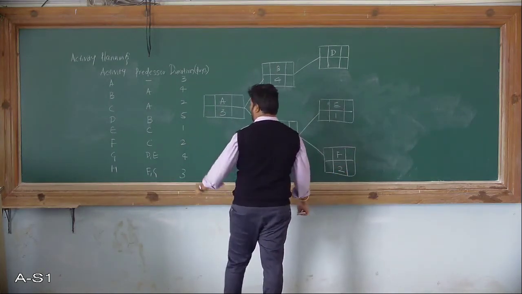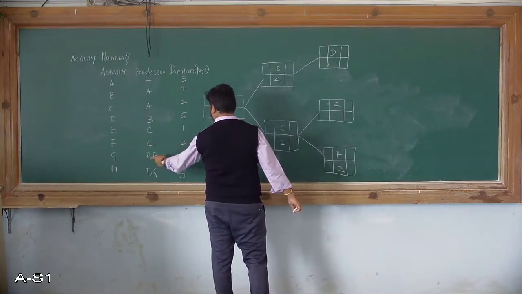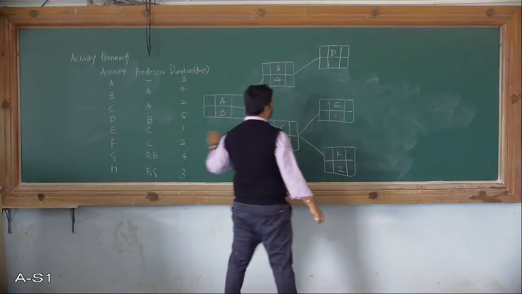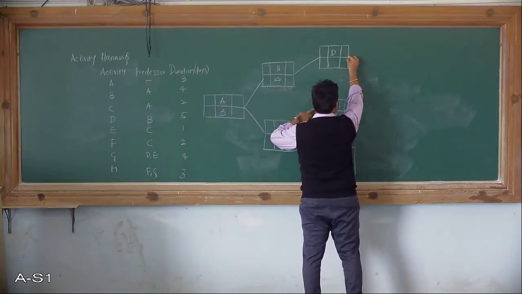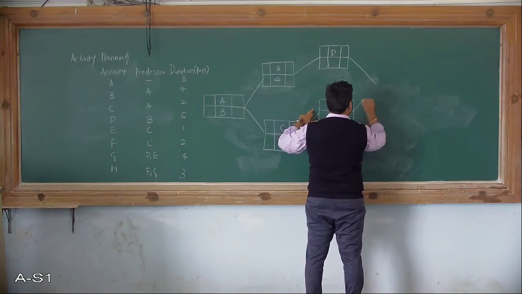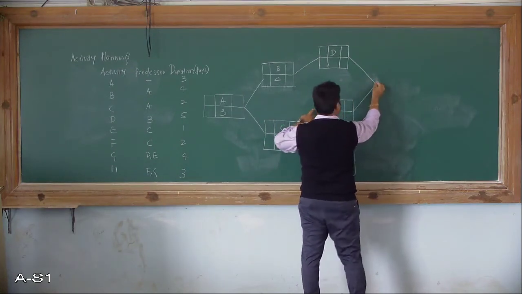Now activity G follows D and E. So here you can observe D and E, which form activity G.